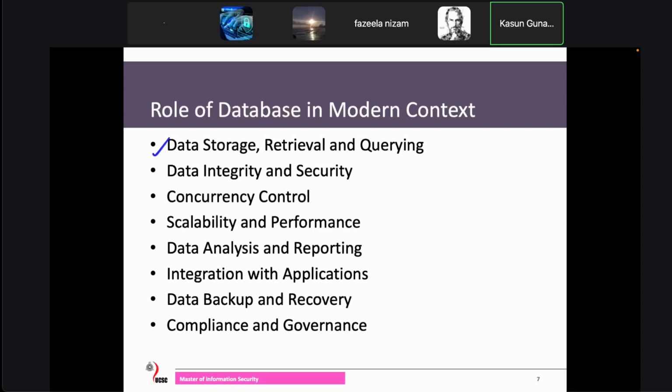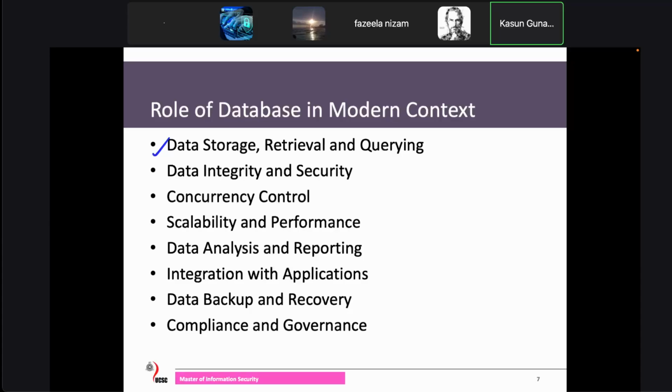So concurrency control mechanisms are required in modern database management systems, such as locking and transaction isolation, ensuring data is reliable and accurate, and avoiding corruption. So all these are part of concurrency control. So that is another role that modern databases play.